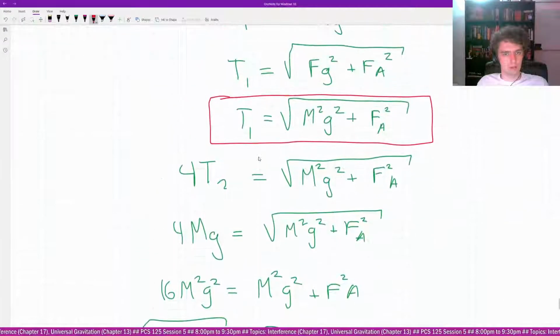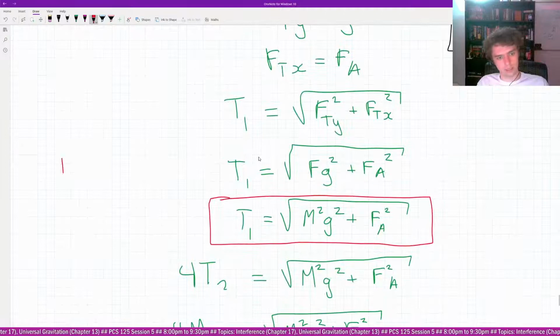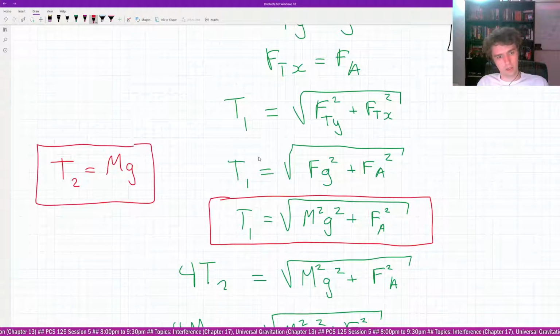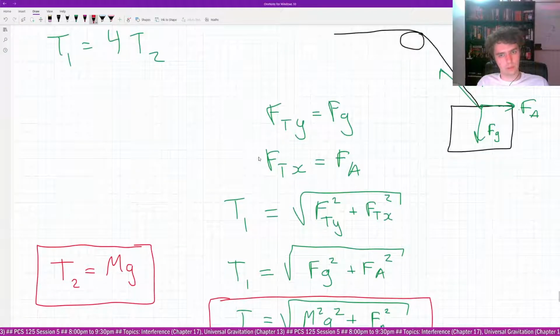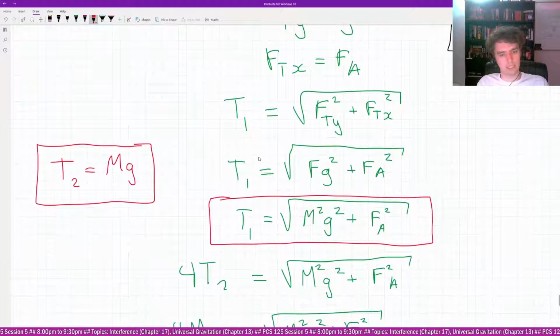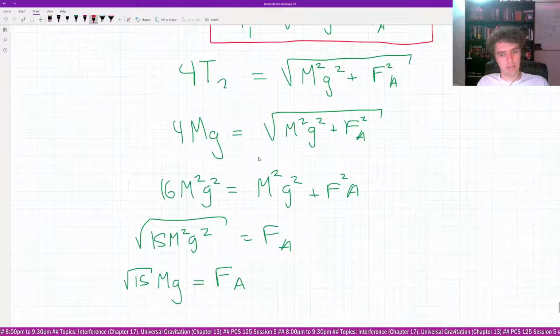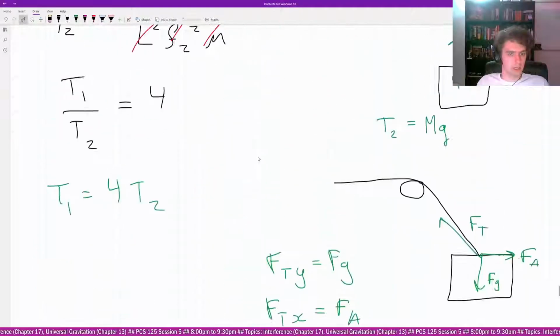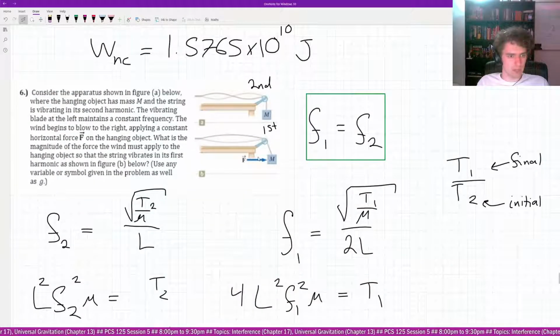Oh, I see. So he wants it in terms of mass. I didn't quite get the mass. He wants it just in terms of capital M and g, and the applied force is what we're looking for. He wants it just in terms of mg, because it says use any variables or symbols given in the problem as well as g.